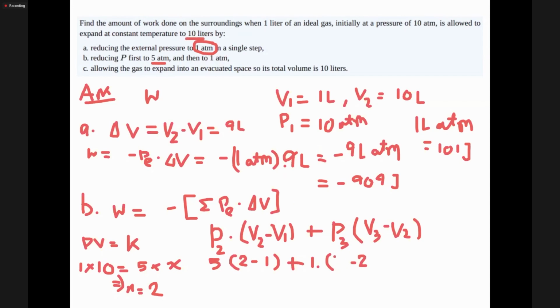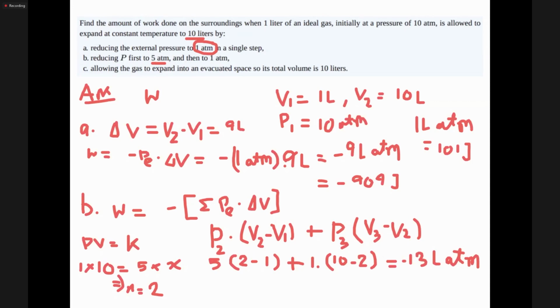So 10 will be here. If we solve this, we get 5 into 1, that is 5, and 10 minus 2 is 8. So 8 plus 5 is equal to 13. And since we have a minus over here, we'll have minus 13 liter atmosphere. If you need, you can convert it to joules, but here let it remain in this case only.